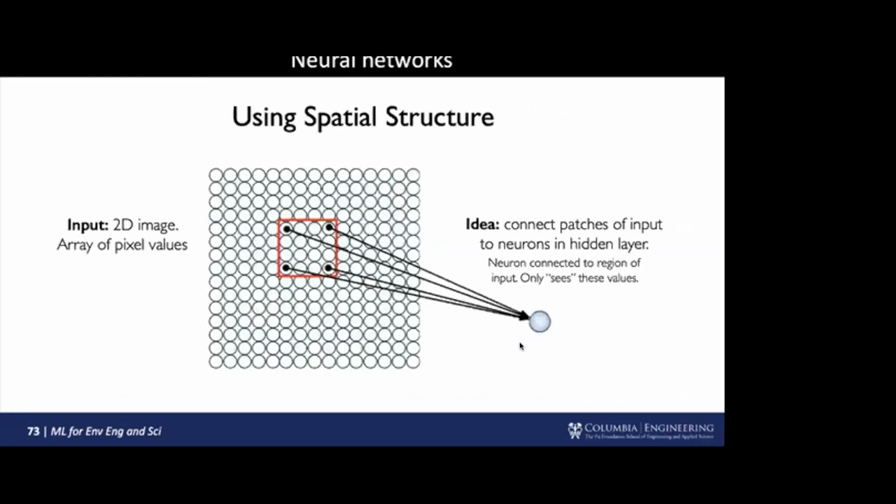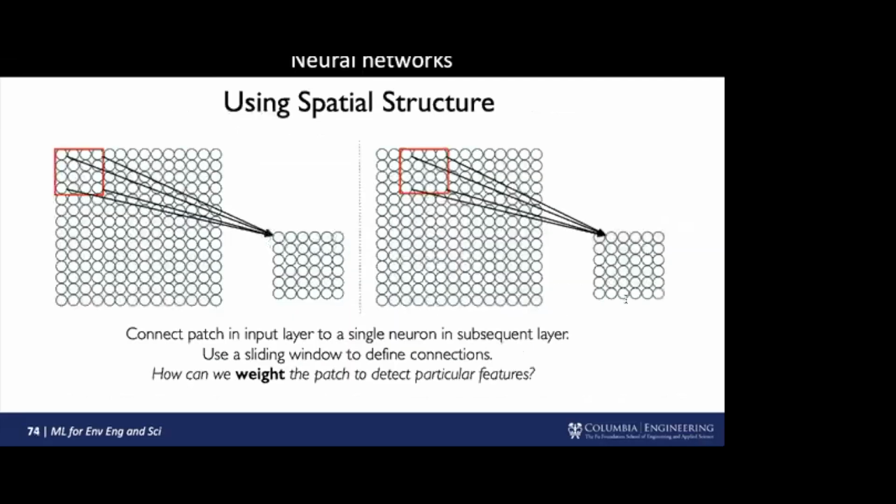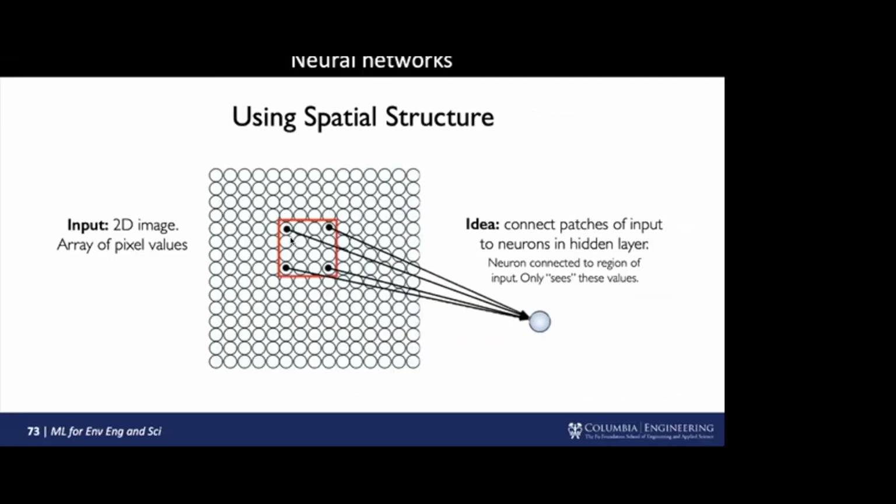So here we use the fact that images have spatial structure. For example, instead of connecting every pixel to a neuron, we connect each neuron to a small local patch of this image shown in this red box. The neuron only sees the pixels inside the region.